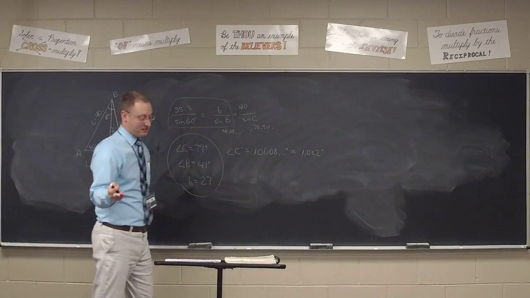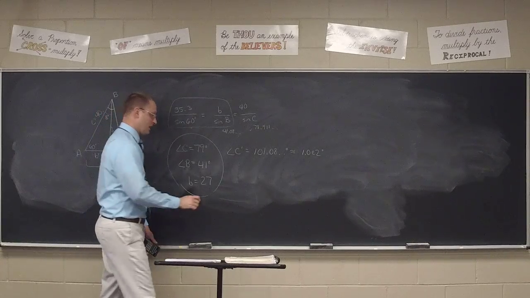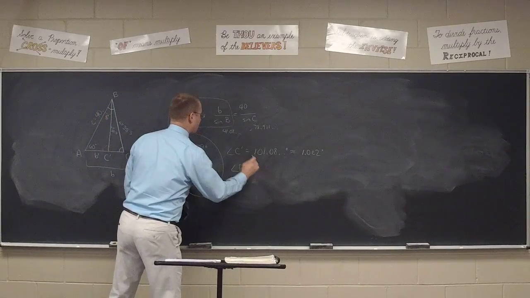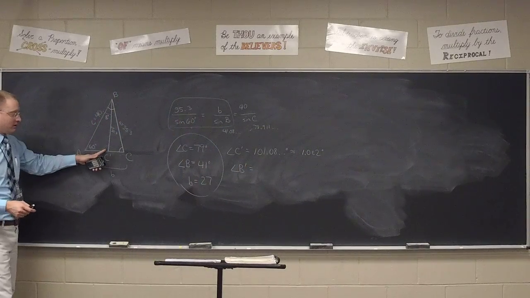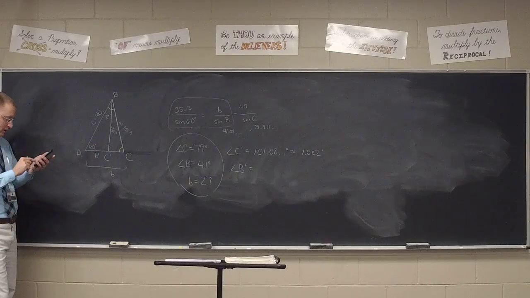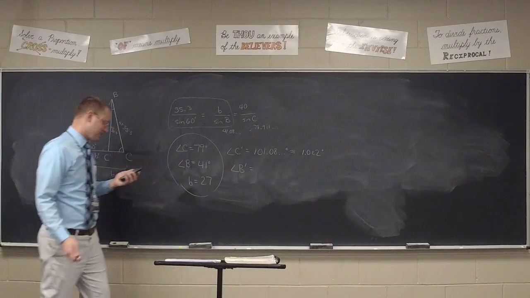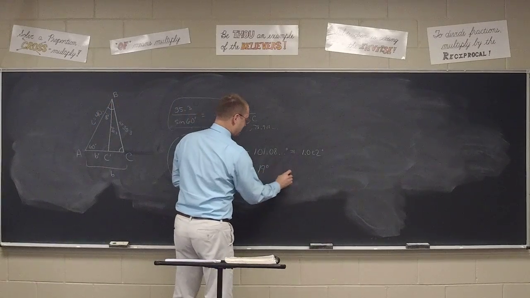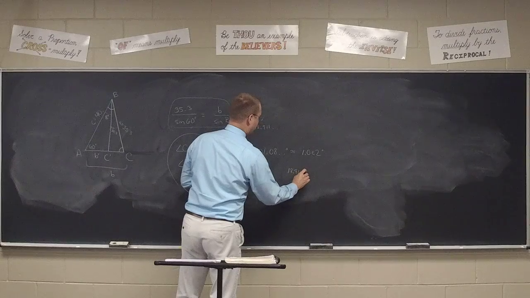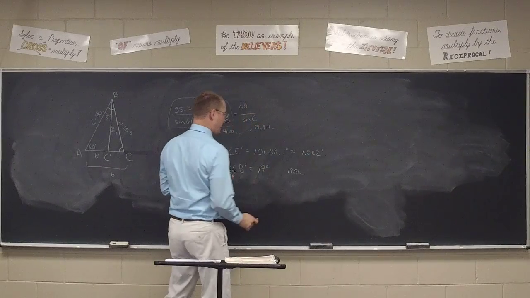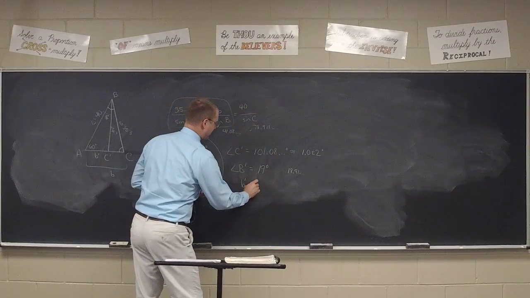Then we need to find angle B prime. And so I've already got the 101 degrees here. I've got 60 more degrees here. That leaves how many degrees for angle B prime? 19. We'll say 19 degrees. It's 18.91 blah, blah, blah, but whatever. All right, and that allows us to find little b prime.